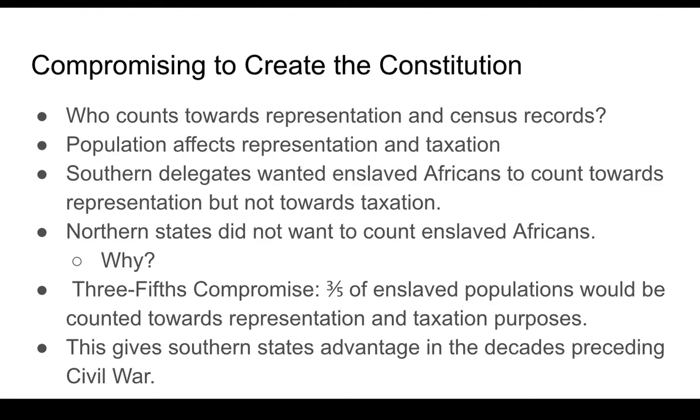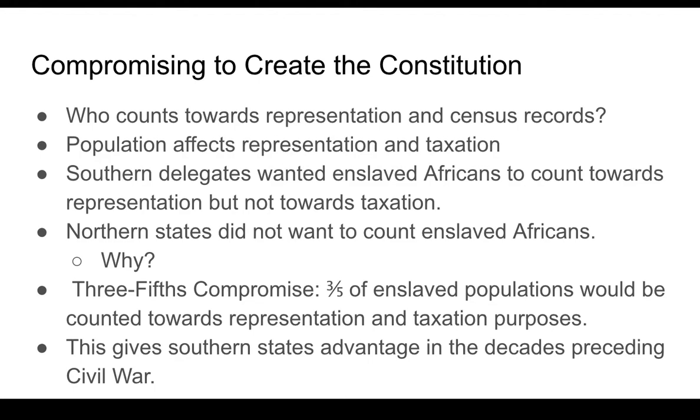The compromise is the three-fifths compromise, right? Arguably the most notorious part of the Constitution in our present context because it did not count enslaved Africans as full people. So three-fifths of the total population, for every 5 slaves, 3 of them would count towards representation and taxation purposes.